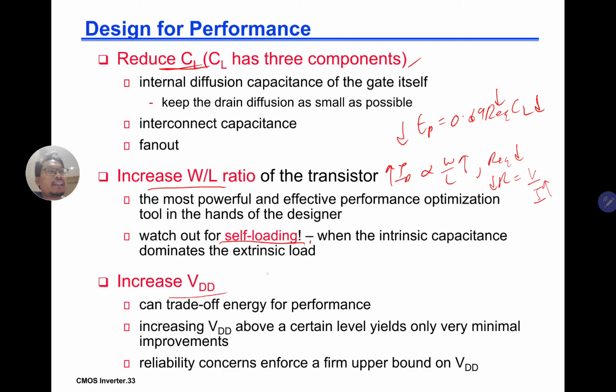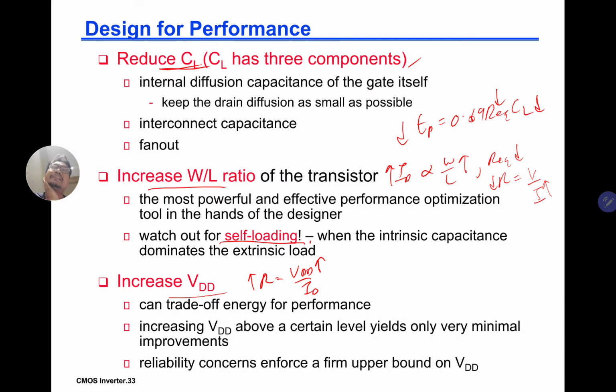Increase VDD. Again we have R equals VDD over ID. Increasing VDD can trade off energy. If you increase VDD above a certain level, reliability becomes a concern, which imposes a firm upper bound on VDD.